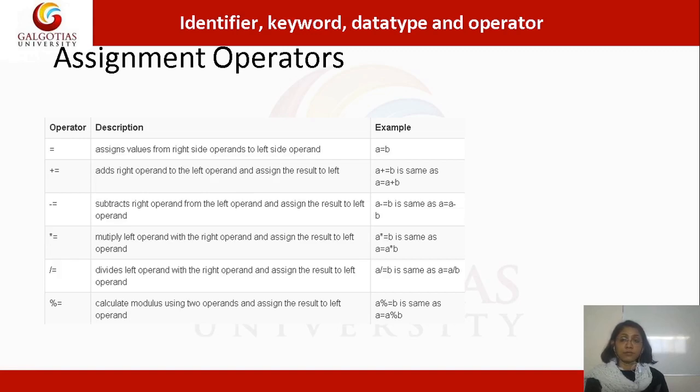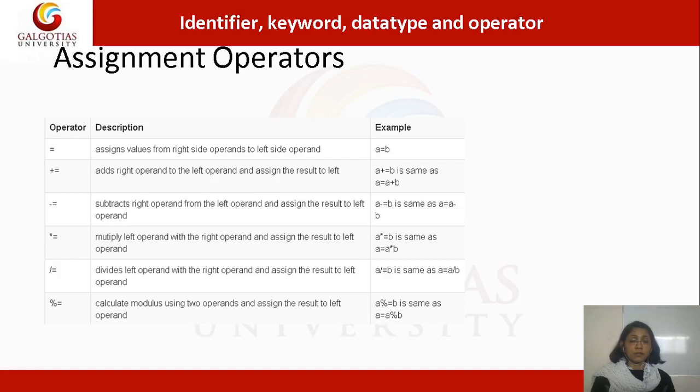The way you can use this particular operator is reflected in my example. a plus equal to b is equivalent to a equal to a plus b. a minus equal to b is equivalent to a equal to a minus b. a star equal to b is equivalent to a equal to a star b. a division equal to b is a equal to a divided by b.